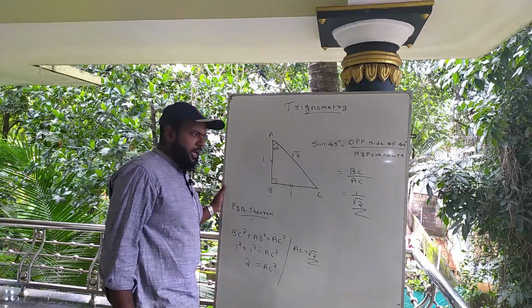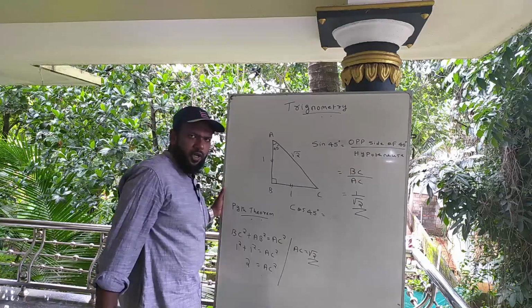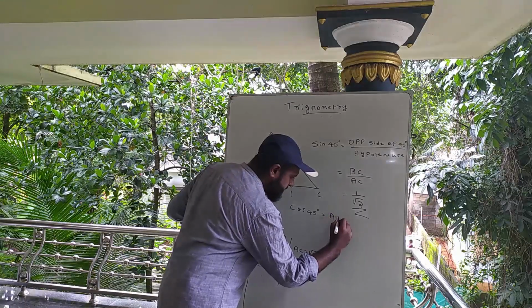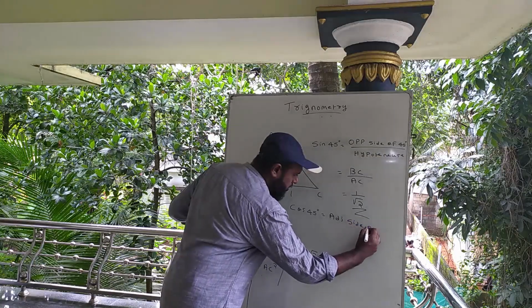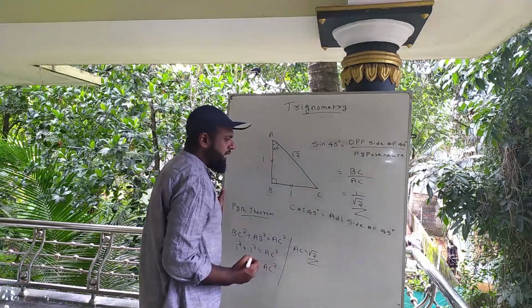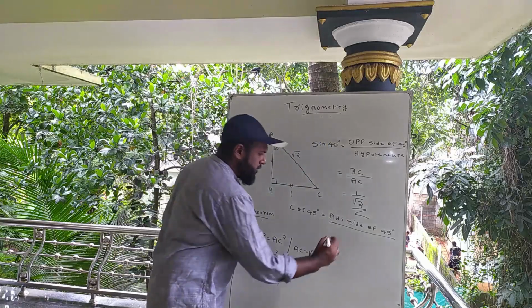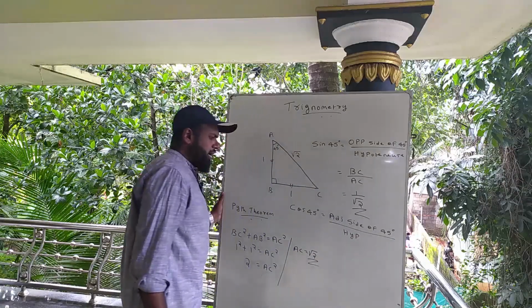Next we can find what is cos 45 degree. Cos 45 degree is the ratio of the adjacent side of 45 degree divided by the hypotenuse.